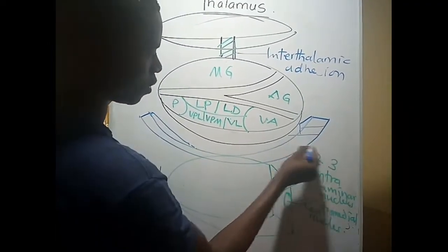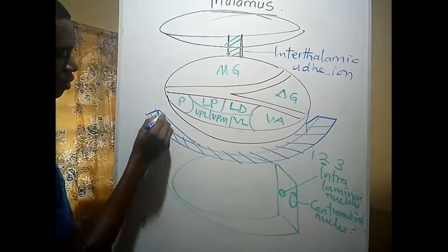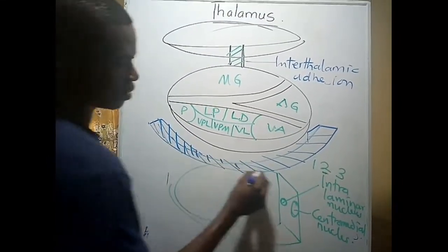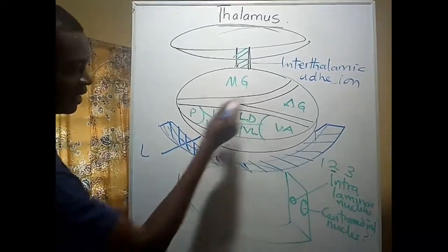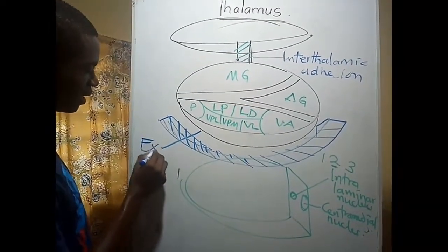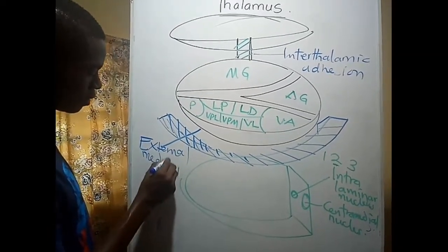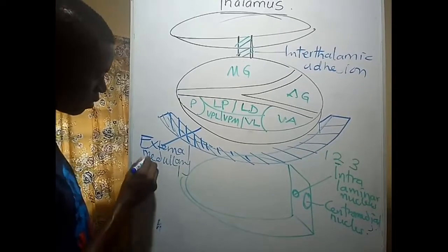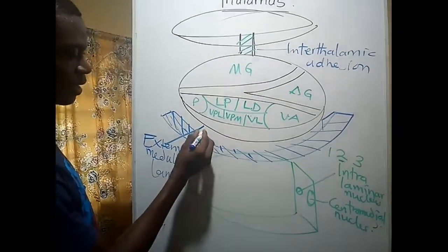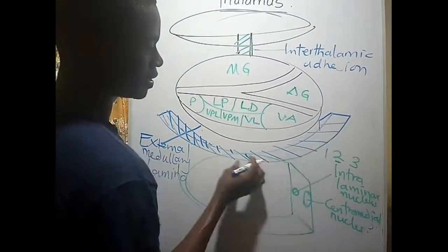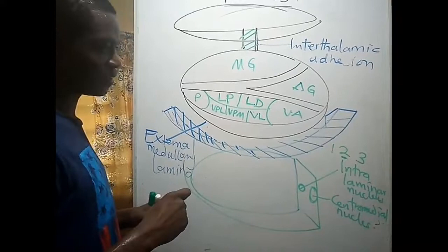This is what we call the reticular nuclei, and then the zone here, if we have an internal medullary lamina, then we have an external medullary lamina. So this is the external medullary lamina, and this is the reticular nuclei which surrounds it. So it's like a fence, something like that. Let's put it that way.